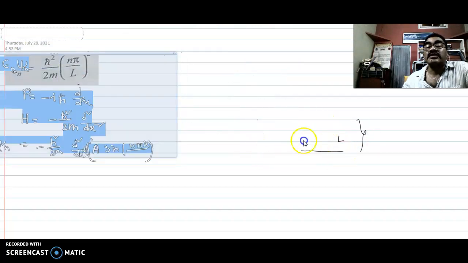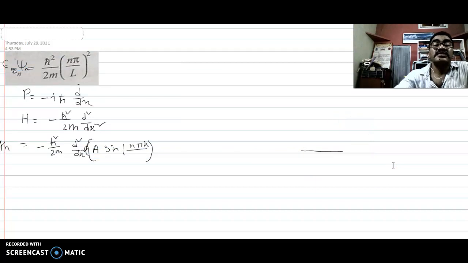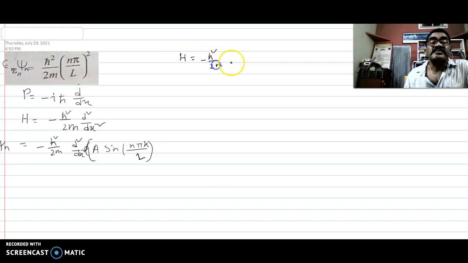So let us see what we get after double differentiation. The Hamiltonian is equal to minus h cross square by twice m d square by dx square. First we differentiate: A is constant and remains, then n pi by l comes out. Differentiating sine gives cos, so we get n pi by l cos n pi x by l.